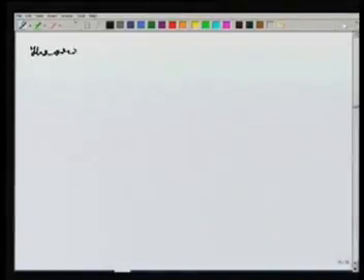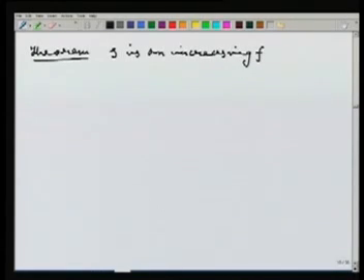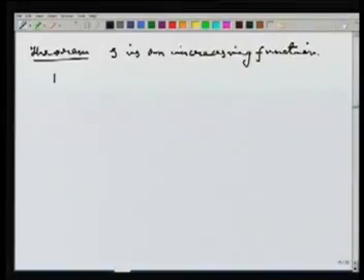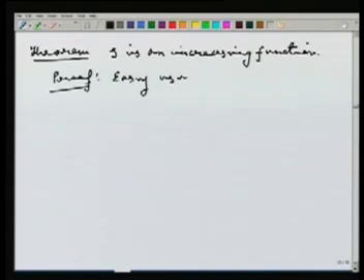I get some property of this function, that S is an increasing function. It follows very easily using the additivity of the length, which we have assumed. So proof I will not give, proof is trivial, proof is easy using additivity of length.